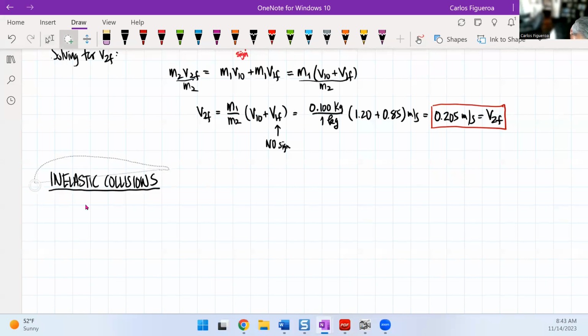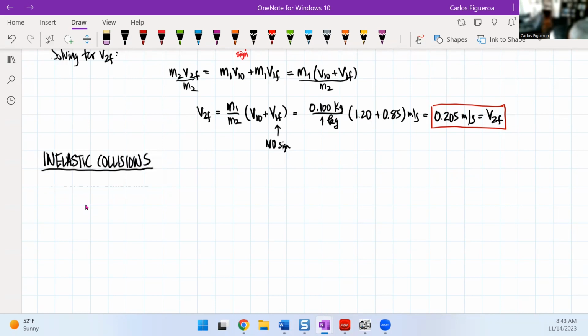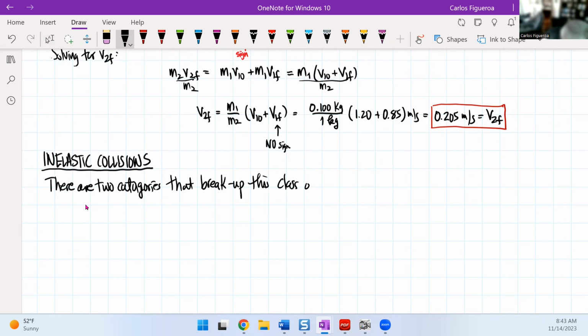Let me bring this up here. So there are two categories that break up this class of collisions.